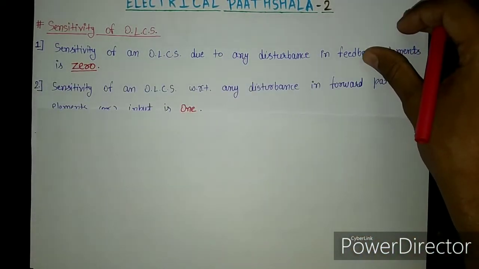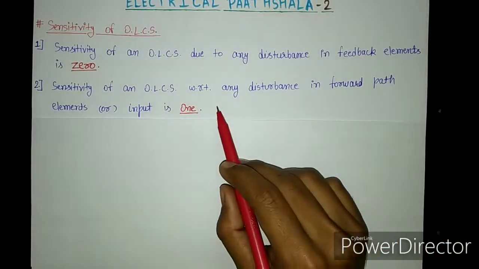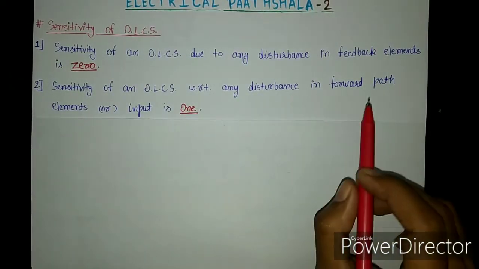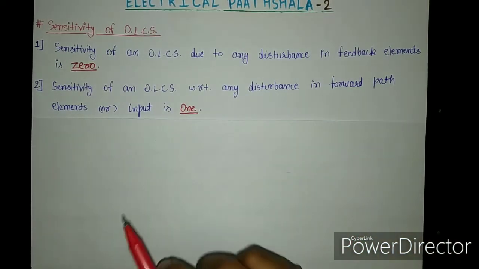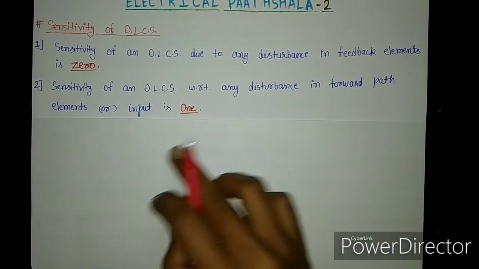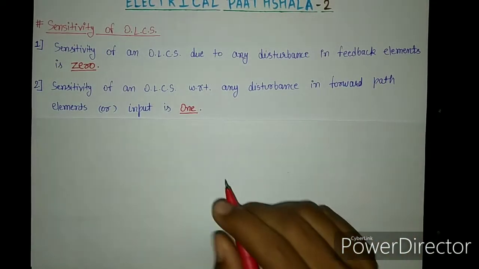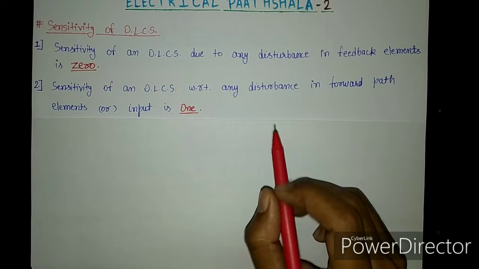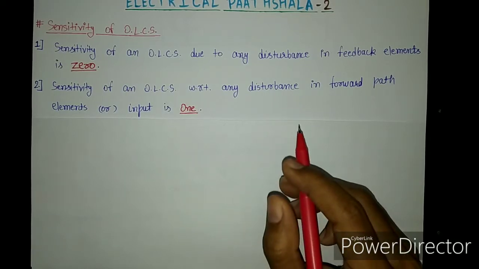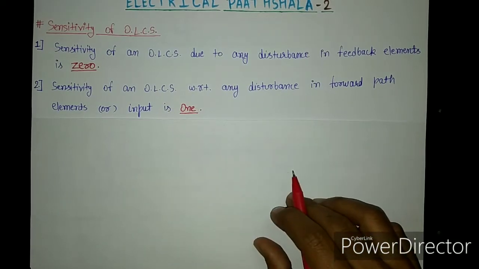The second point is that the sensitivity of an open loop control system with respect to any disturbance in its forward path or input is 1. It means that if there is any disturbance in the forward path or input of an open loop control system, then the output of the system will get affected by 100%, or we can say that the entire effect of the disturbance will be seen on the output of the system.